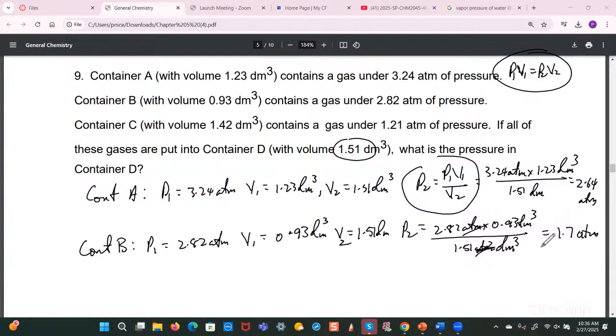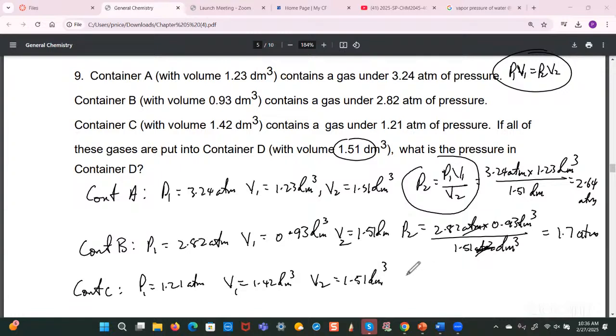All right, okay. Container C. In the case of container C, the pressure is 1.21 atmospheres. The volume is 1.42 dm³. And that's V1. Then for container D, 1.51 dm³ again.